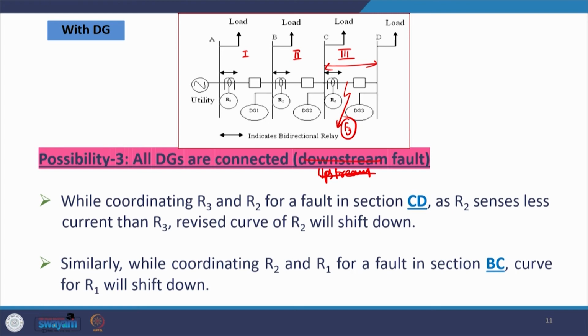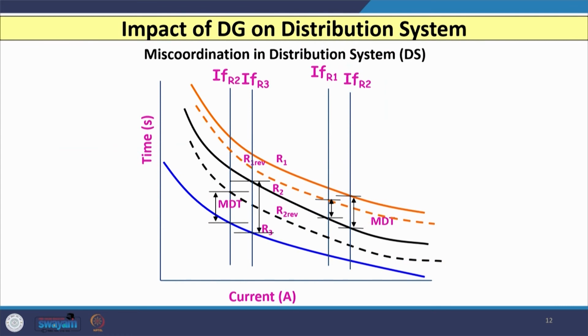Why? Because through R3 the current that flows is IU plus IDG1 plus IDG2, whereas through R2 the current is IU plus IDG1. As R2 senses less current than R3, the R2 curve has to shift down, and you can see that I have shown the characteristic of R1 with this color, R2 with black color and R3 with this original blue color.